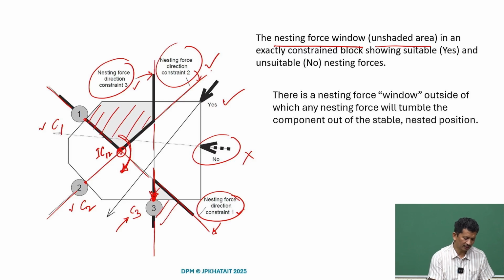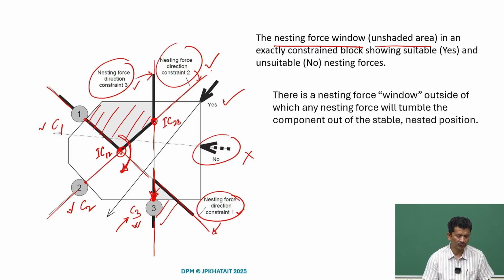Similarly, if we take C2 and C3 together, the intersection point will be here, and we can label it IC2, 3. If we try to rotate the object along IC2, 3 and only consider contact C2 and C3, we realize that it can rotate.